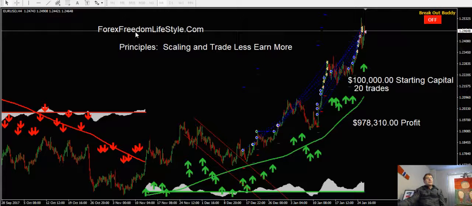That's the way you can do it too. Again, we started with $100,000 starting capital, did 20 trades. We started about the 15th of December 2017 and went into a little past the middle of January 2018. So that's a little better than a month.